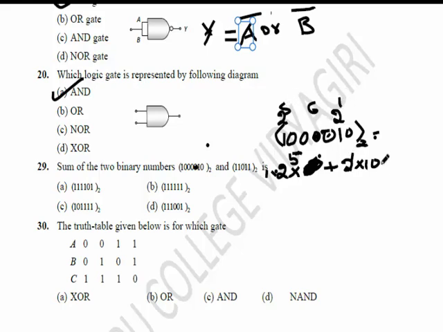So total 2^5 means 32, plus 2, 34. Now we will get 34 to the base 10. It is converted into decimal.